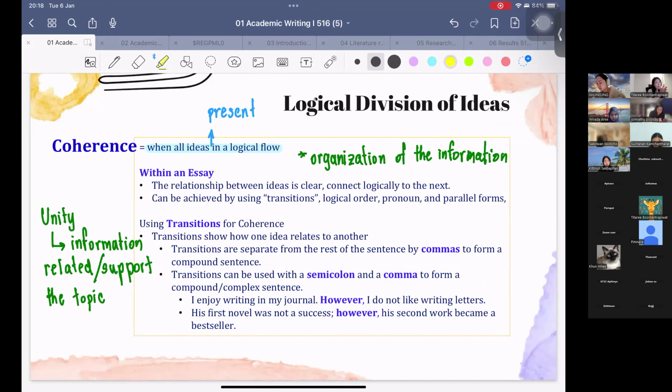However, in writing, coherent means that when you organize your writing, it is organized in a logical flow, arranged in a way that is simple and easy to understand, not everything spread out, separated or not grouped together. Whatever relates to each other, you group together.